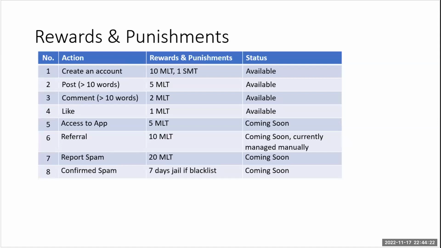Like for example, even for posting, we think that it doesn't make sense to reward someone to continue posting and not stopping, right? So maybe we want to reward people for 10 posts a day, or maybe 5 posts within 1 hour, right? Then we'll reward you.